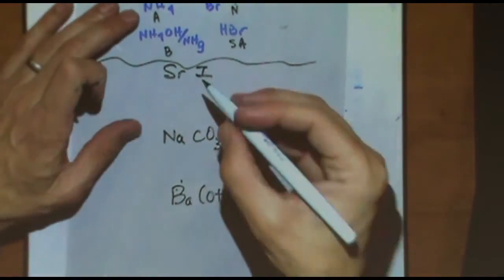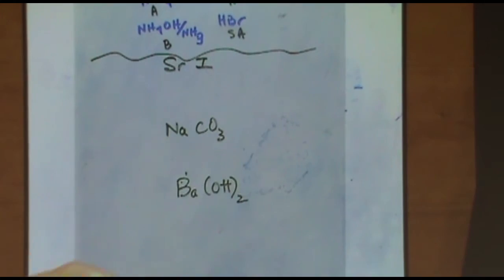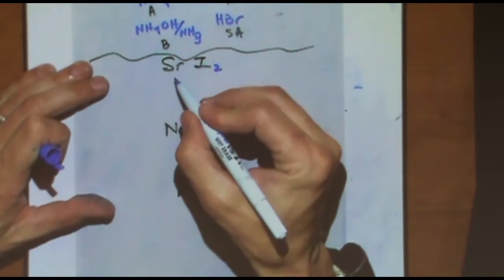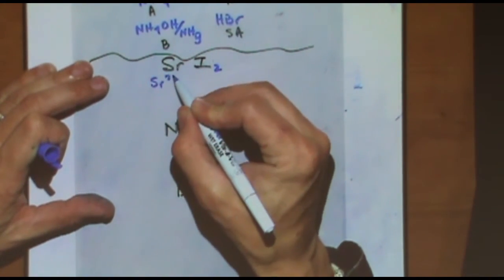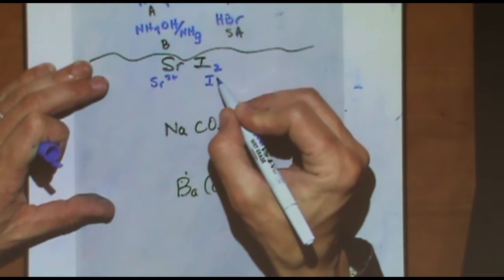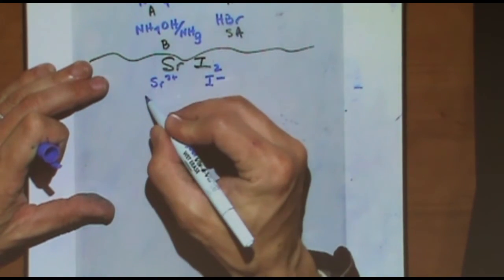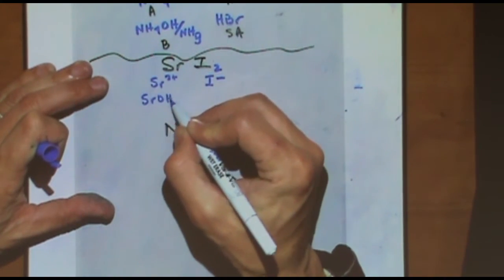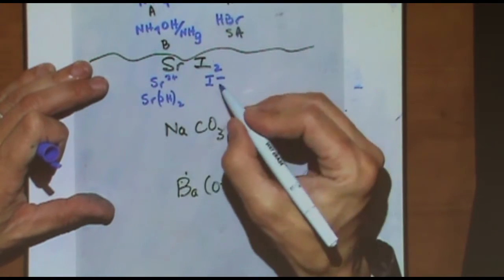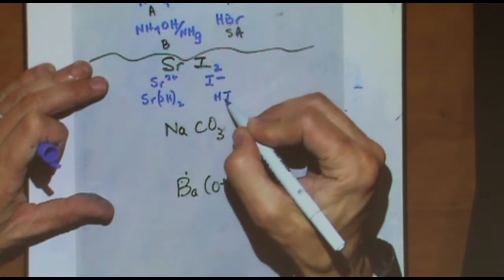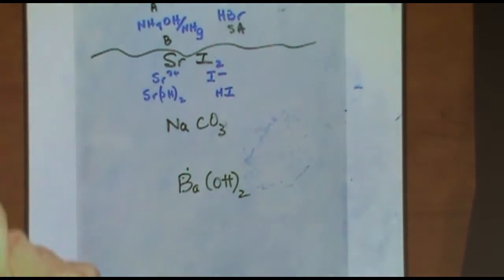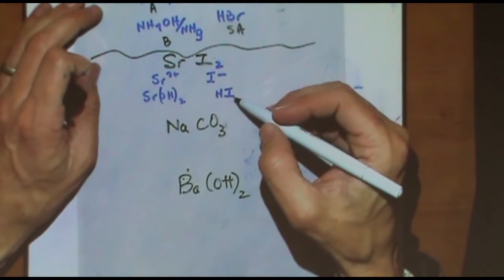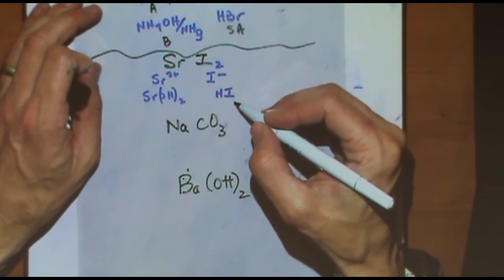Let's try a couple of others here. The strontium, I forgot a 2 there. So this one is made of a strontium 2 plus and an I minus, really 2 I minuses. The strontium comes from strontium hydroxide, and the iodine is a conjugate of HI. Okay, HI is what?